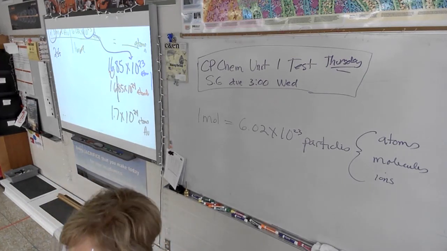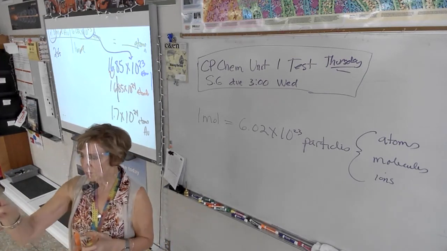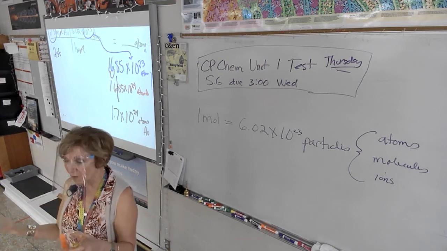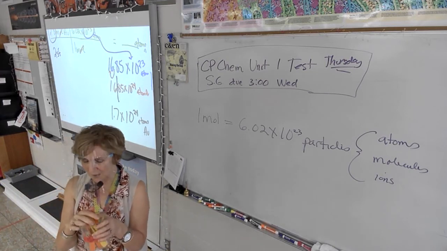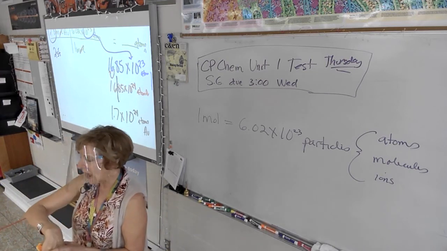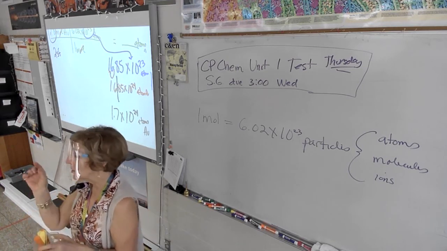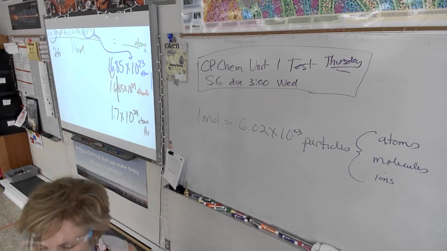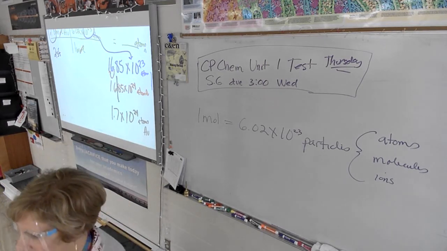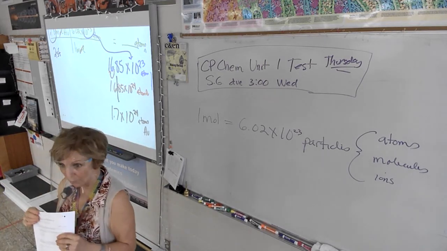So this is a partner quiz. I'm going to pull popsicle sticks. By the act of randomness, you're going to get a partner, and you guys are going to work together on the quiz. The quiz is multiple choice, but I want you to show me all your work.